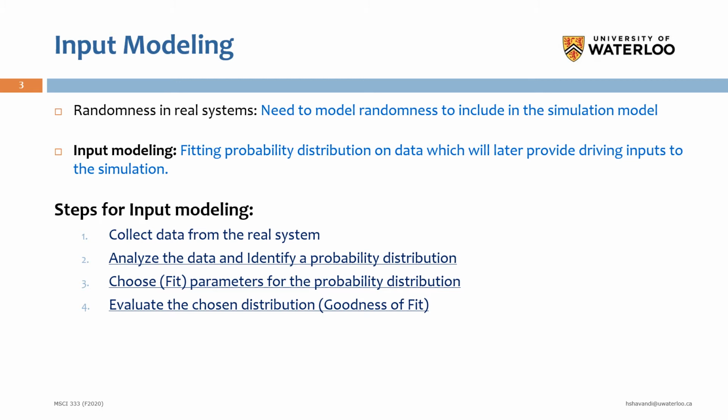After collecting data, we'll analyze it to see which family of distributions could be fitted to our data, and then we will estimate the parameters of the chosen distribution, and after having the parameters, we can evaluate how well the distribution is fitted to our data, which is called goodness of fit.